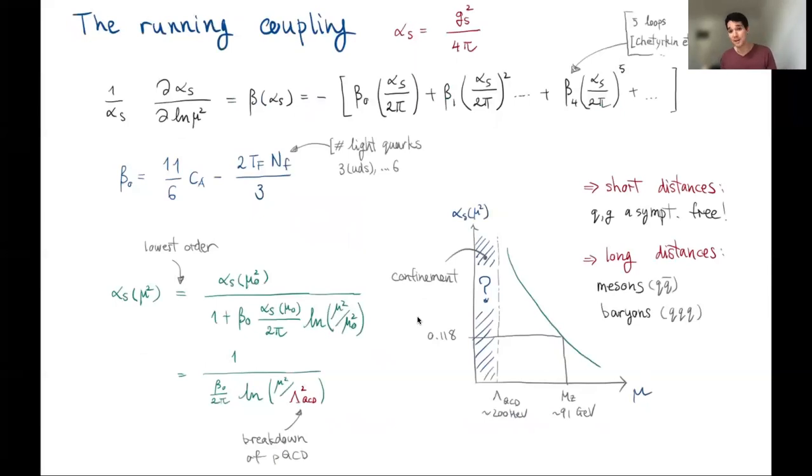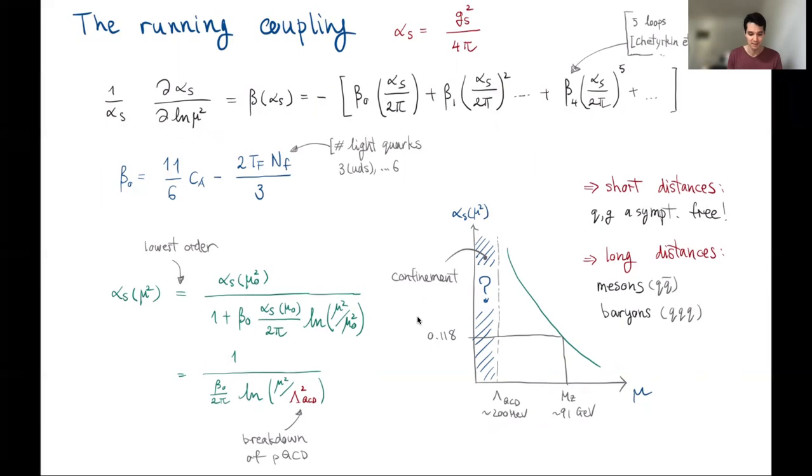Okay, one very important feature of QCD is the running coupling. So alpha_S is defined as this g_S squared that I had before divided by 4 pi. And after renormalization, this has a dependence on this renormalization scale mu, and its dependence is described by this RGE evolution equation.